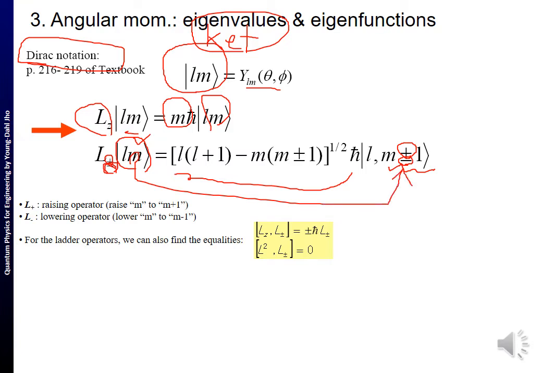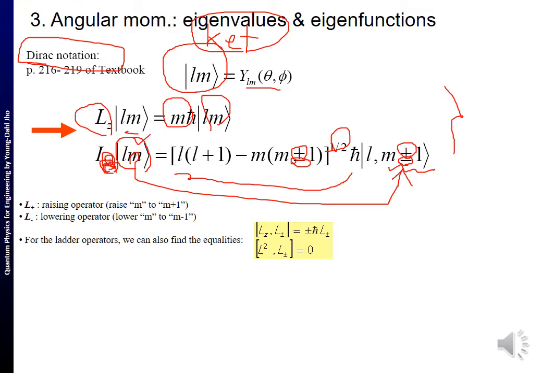Okay, there should be this one multiplied by this one, the square root of L plus or minus m, times L plus 1 minus or plus m. So if you apply L plus, you will get this part. If you apply L minus, then you will get this part. Okay. Yeah, we don't have time to induce this, but we just use this as some sort of table.